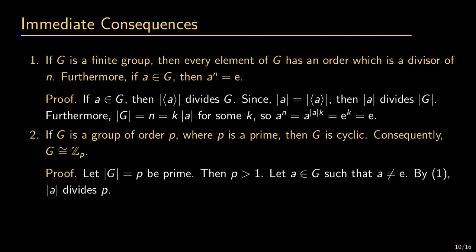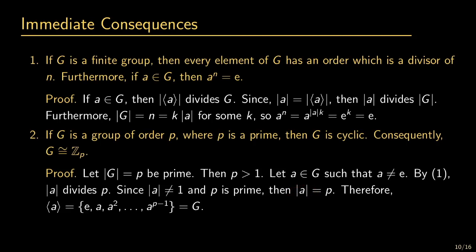By number 1, the order of A must divide P. Since the order of A cannot be 1 kasi hindi siya identity, and P is prime, ano ba mga nagdi-divide sa P? P and 1. So the order of A must be P. Therefore, A, if it has order P, it generates a cyclic subgroup of the form E, A, A squared up to A to the P minus 1.